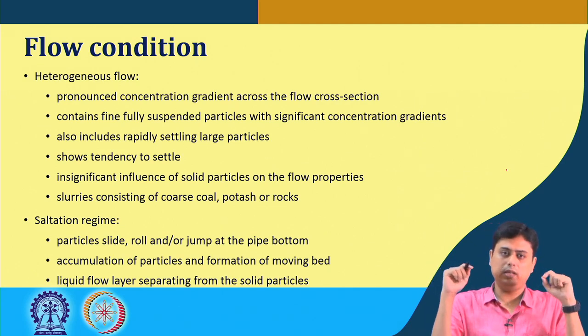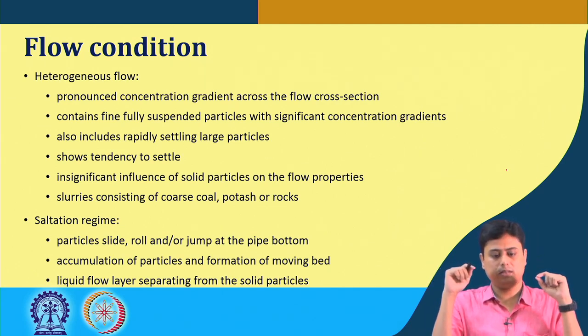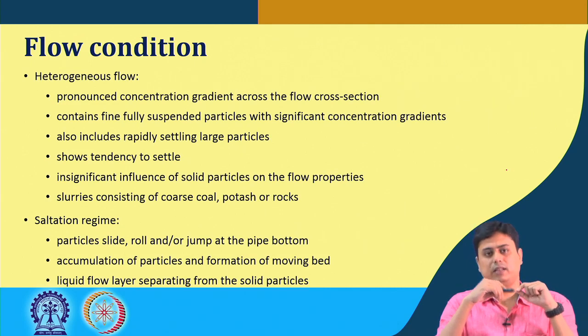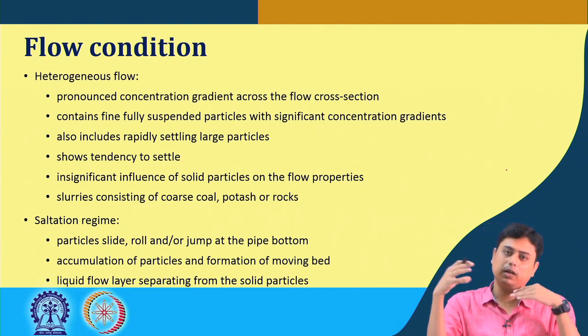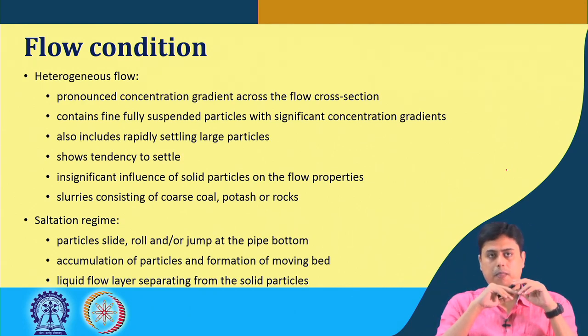One is fully suspended very fine particles, with a significant concentration gradient along the flow area or pipe cross section, as well as rapidly settling large particles. So, this kind of flow regime shows the tendency of particle settling at the bottom of the pipe or the bottom of the conveying system.